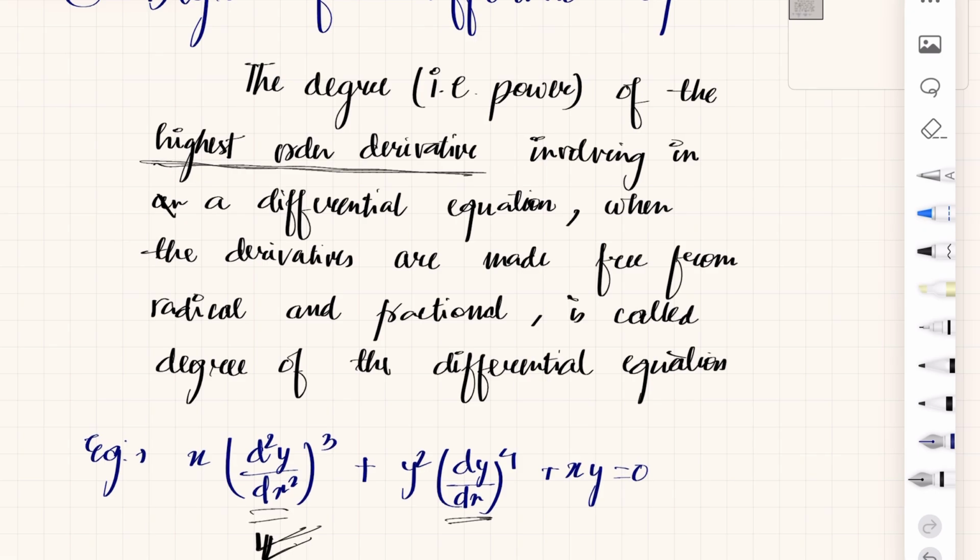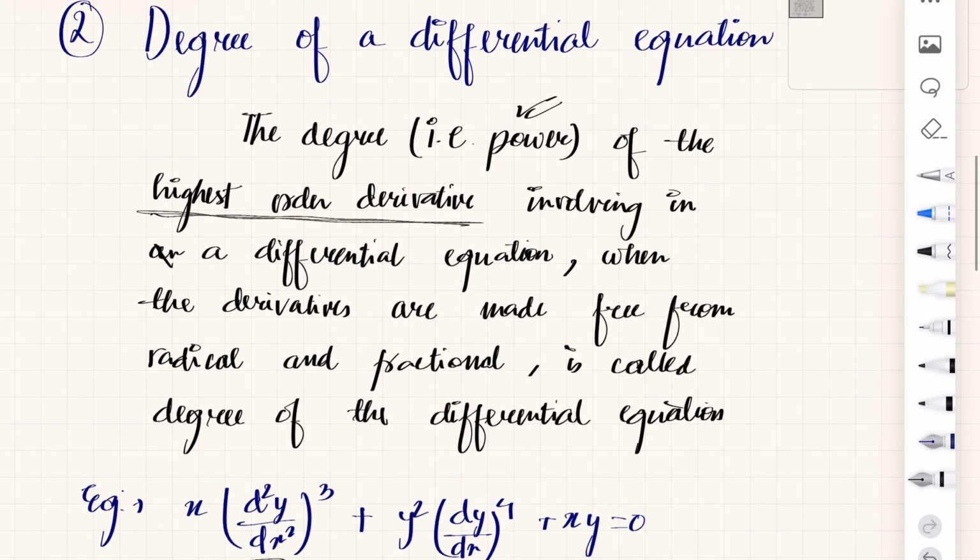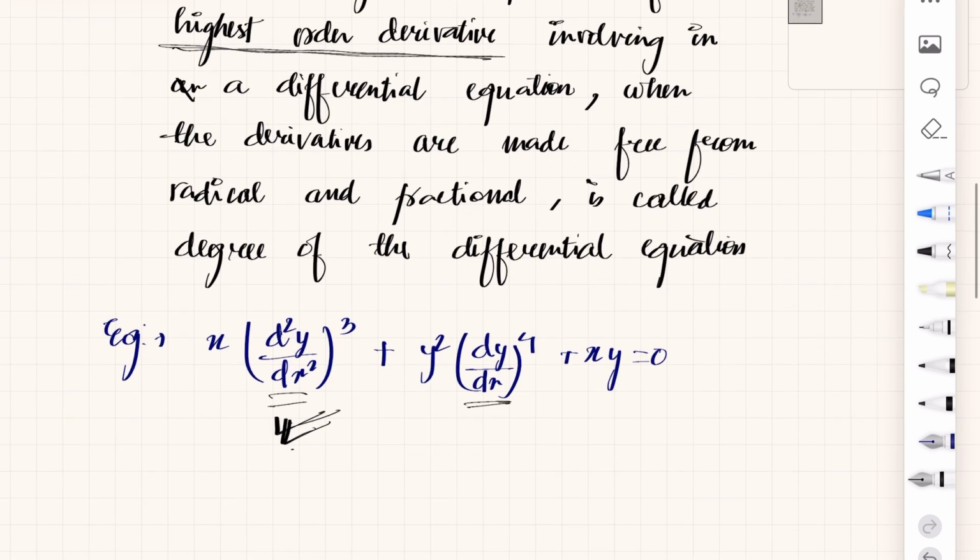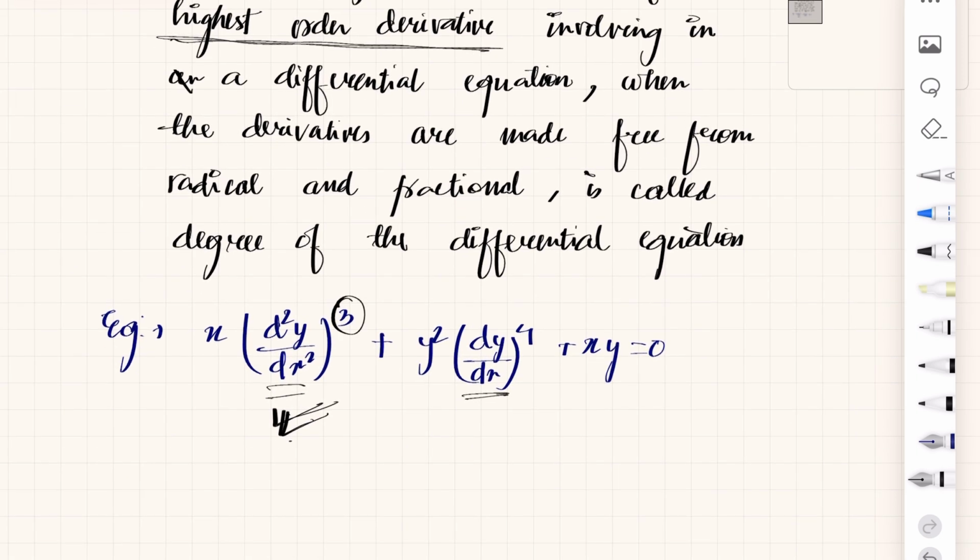Then we find the power, or the degree. Degree and power are the same. What is the power? 3. That means the order is 2, second order, right? And what is the degree? The power of the highest derivative, that is 3. So this is the answer.